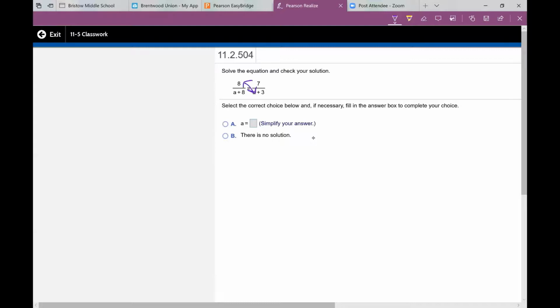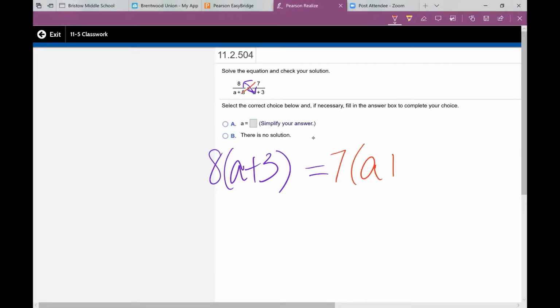So I'm going to multiply this way first, which would be 8 times a and 3. Don't make the mistake of just putting it by the a. And then if I go the other direction, which I'll make red, that would be 7 times the quantity of a plus 8.